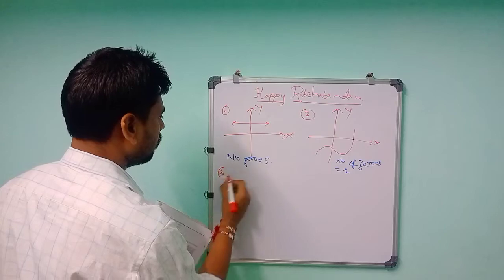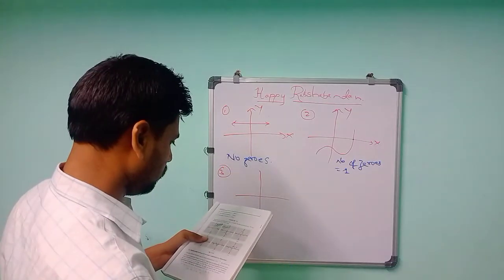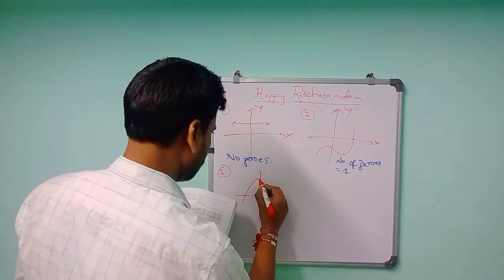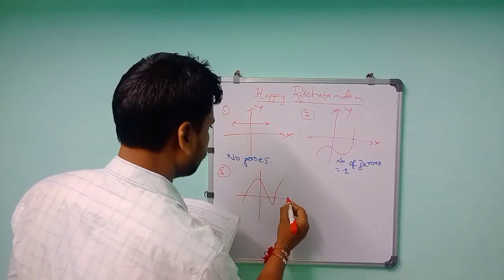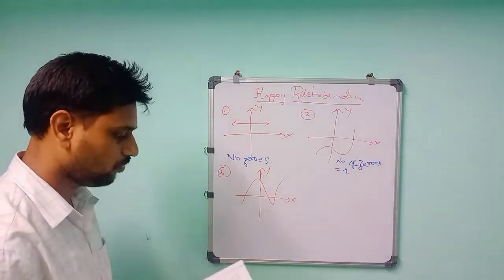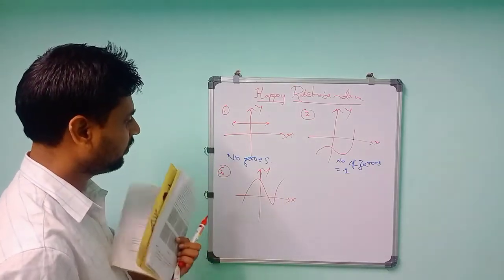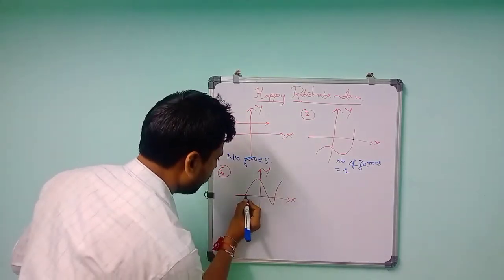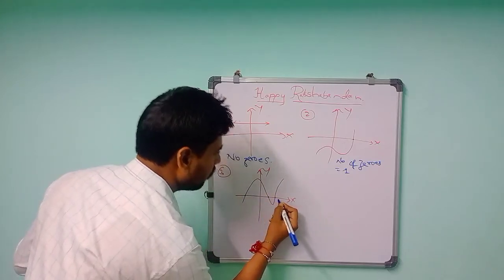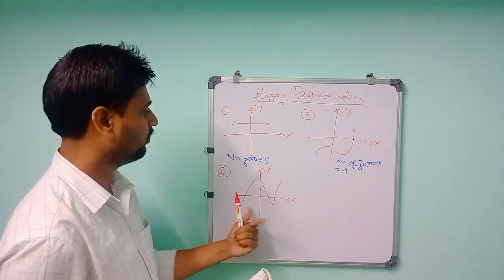Third one. So this is x and this is y. They ask you the number of zeros of the polynomial. In this, if you see, it is intersecting at 1, 2, 3 points.